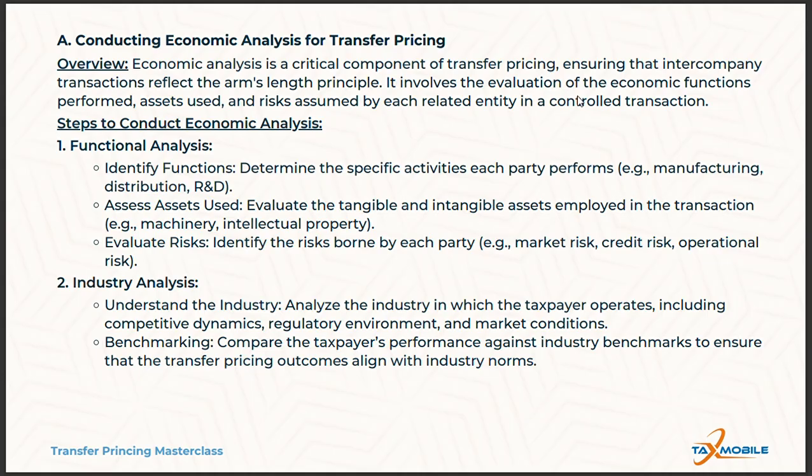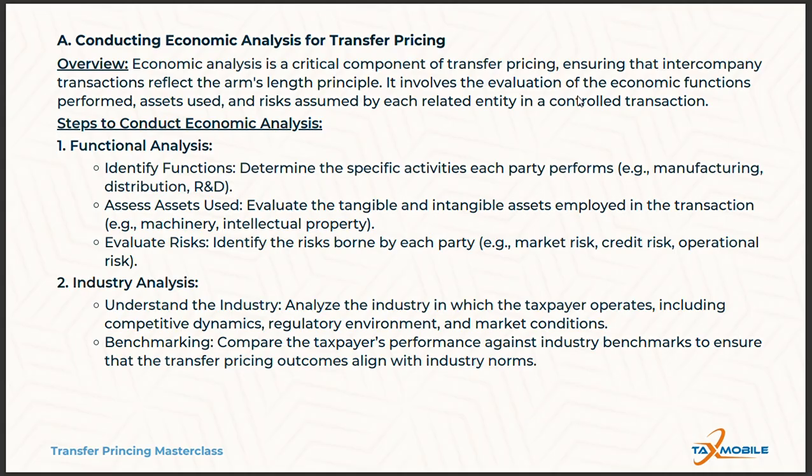Now that we have set the foundation, let's move to the step-by-step process of conducting economic analysis for transfer pricing. And the steps, we have number one, functional analysis. Functional analysis is identifying the value drivers and economic activities of the entities involved.